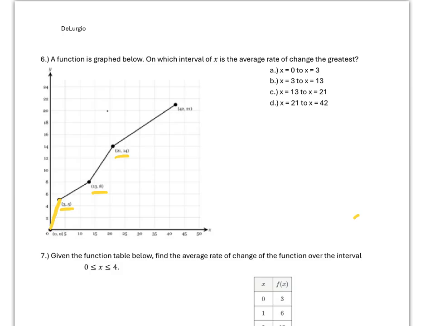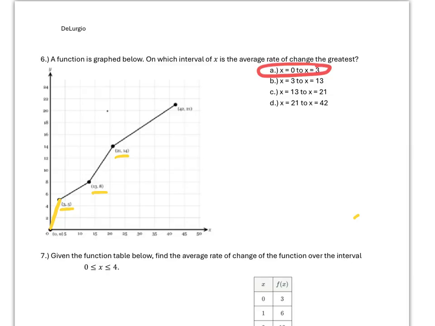But the one that's rising fastest has the greatest rate of change. The one that's rising slowest has the least rate of change. So for this one, which interval is our average rate of change the greatest? A, from 0 to 3, because it is rising the fastest, and we can visually see that.